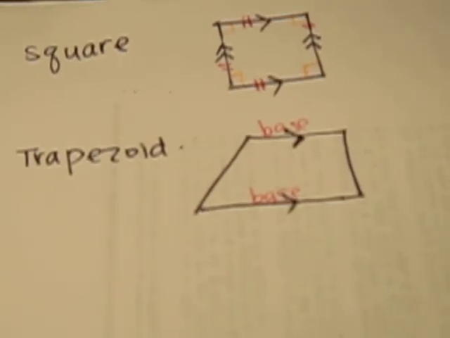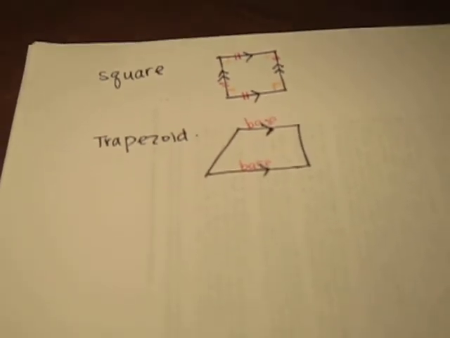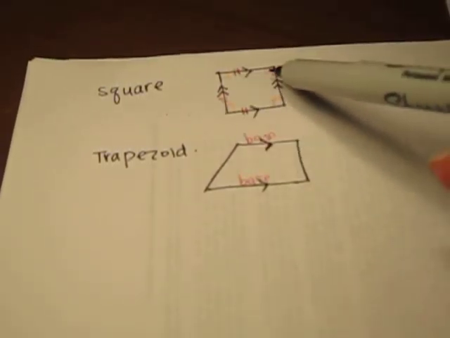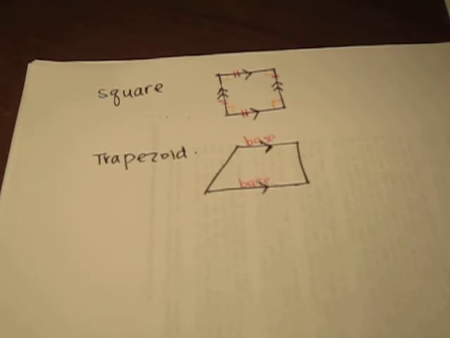Yesterday we said, in your notes, you took that no matter what type of triangle you had, if you add up all the angles, it's going to come out to 180.